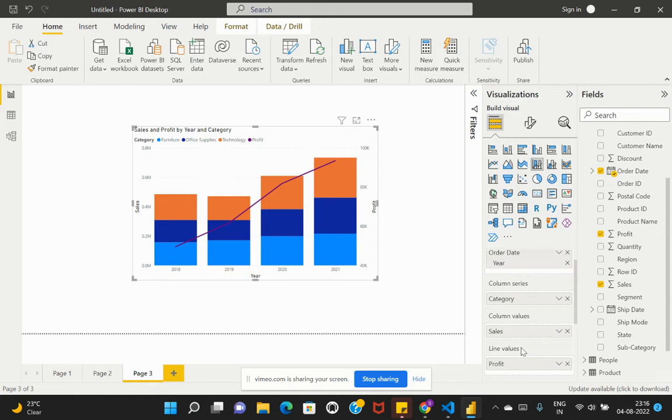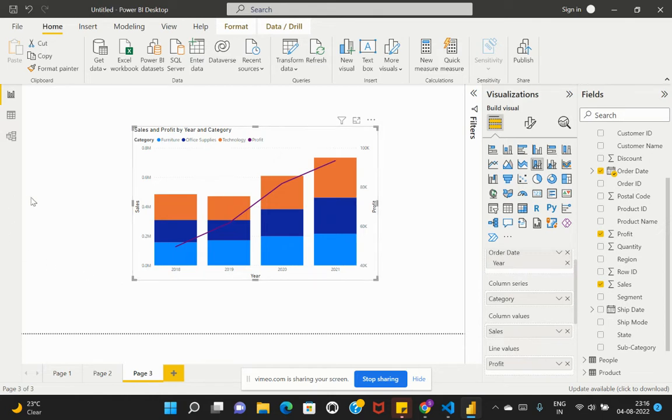So this combo chart is used when you would like to evaluate two different metrics together on the same visual. The combo chart has a combination of a column chart and a line chart. Combining these two charts into one helps give a quicker comparison of the respective data.